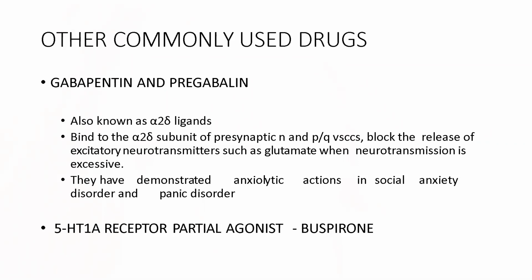We have seen earlier that glutamate is also one of the neurotransmitters responsible for the formation of anxiety. So they block the release of excessive glutamate, and that's how they control the anxiety. They are also used quite often in social anxiety disorder and panic disorder.